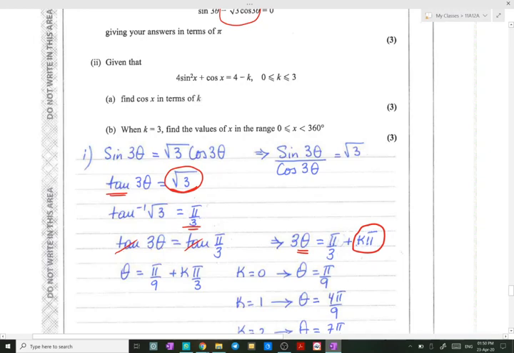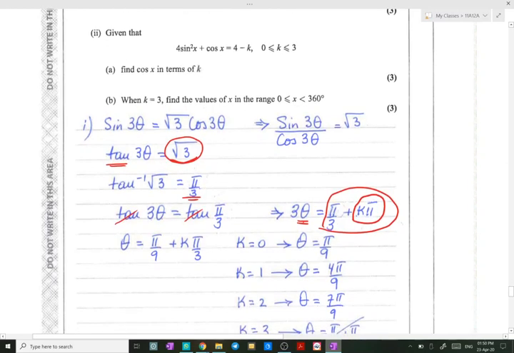Now we need to get theta alone because we want to find theta. In order to have theta on one side, we need to divide everything by 3. You get theta equals pi over 9 plus k pi over 3. Now we start taking the terms. If k is 0, theta is pi over 9.